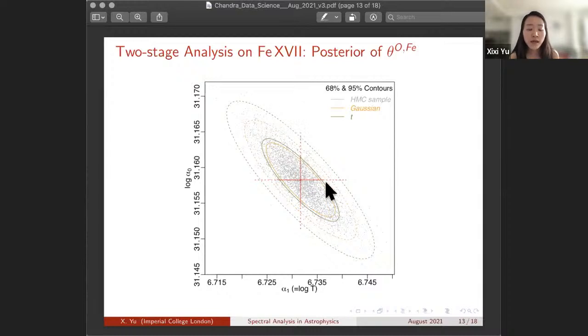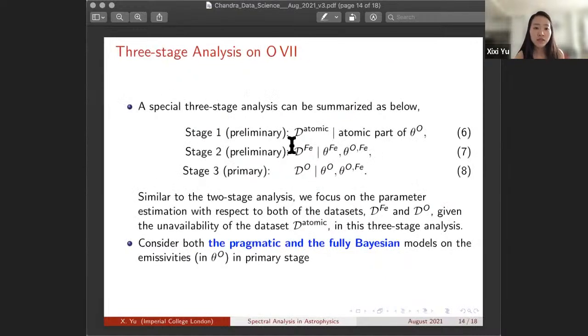The solid curve is for the 68% mass of the total distribution, and the dashed contours are for the 95%. We can see the t distribution approximation has relatively heavier tails, which is conservative as expected. So we are going to use it as the prior distribution for the next one, oxygen.